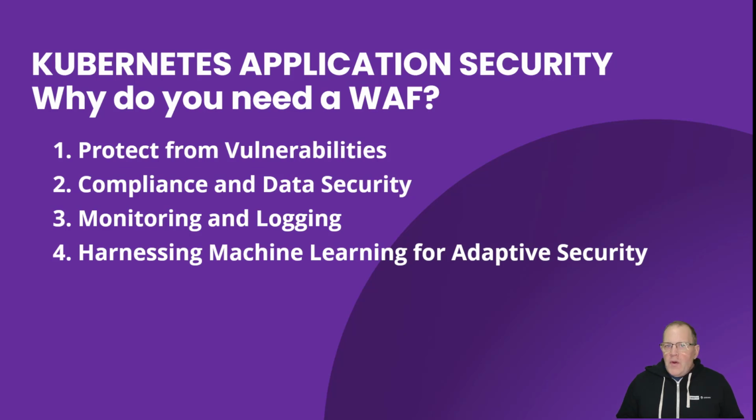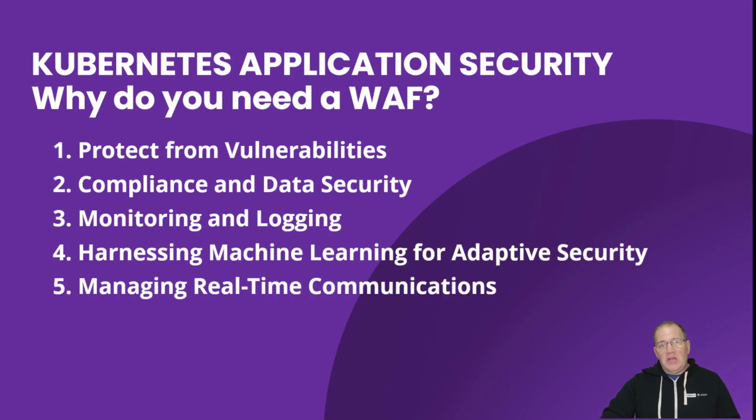A WAF which harnesses this machine learning adaptive security can detect patterns, can learn, and can basically protect you before a fix is out there. So it's very important. Yes, there can be false positives, but compared to the number of times it can save you, it's worth implementing.